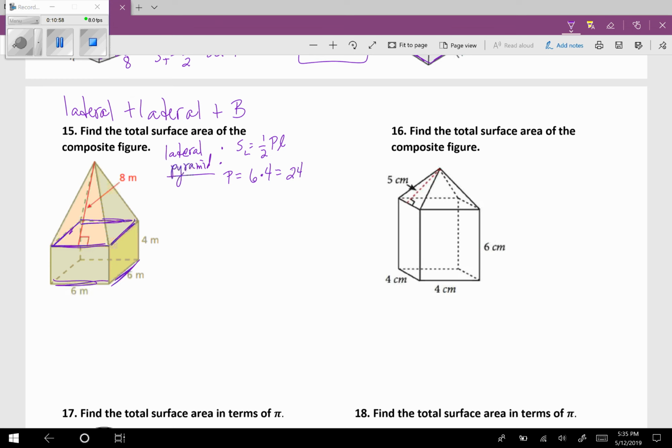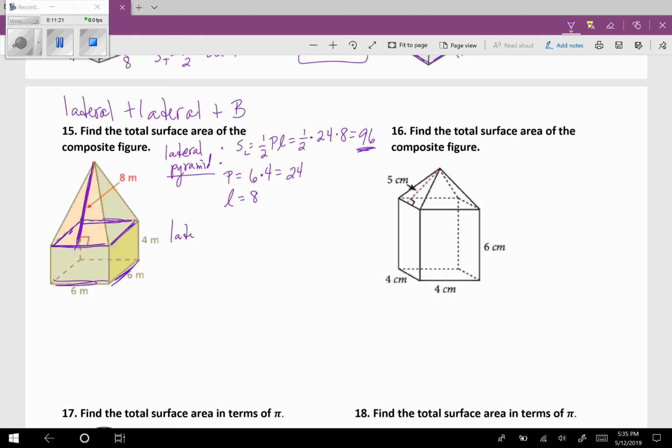So it's 24. Then L, the slant height of the pyramid, it's 8. So then we'll just plug in 1/2 times 24 times 8. When you plug that in, you get 96. So that's the lateral surface area of the pyramid part.